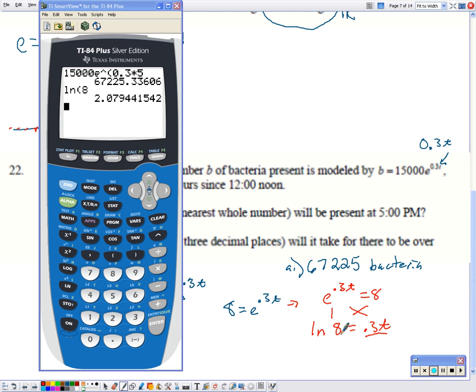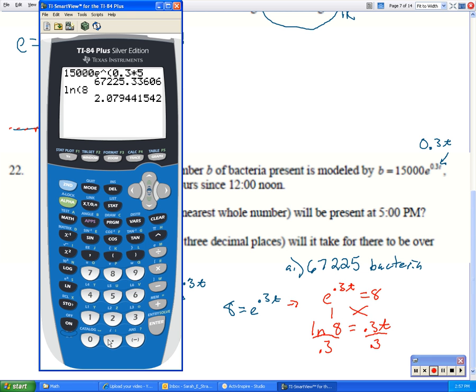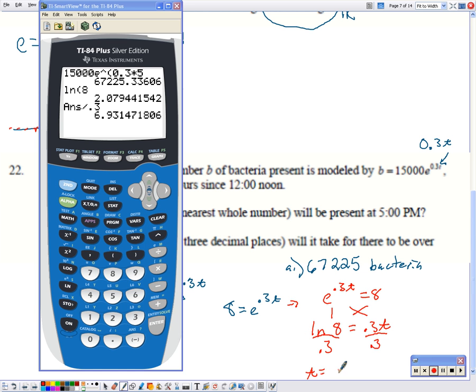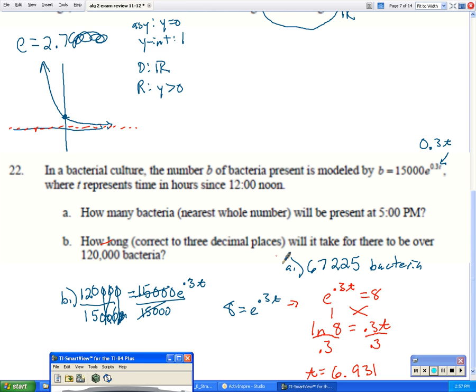And then I'm just going to divide by 0.3. And I get, correct to 3 decimal places, t equals 6.931. Do I have a unit here? What did it say? Hours? I think it was hours. t, hours. Yes, time in hours.